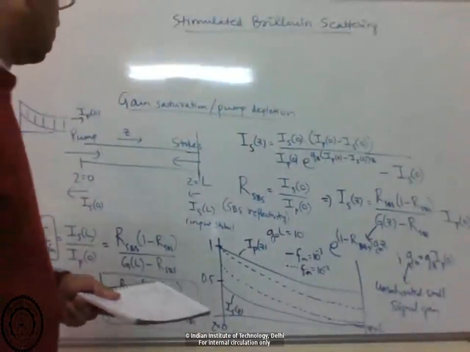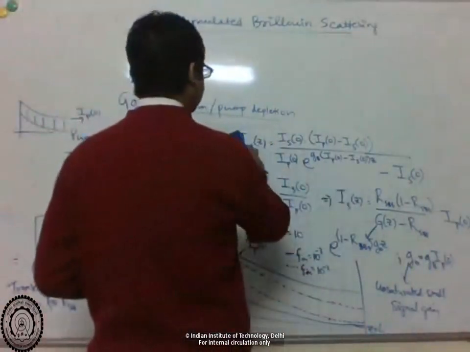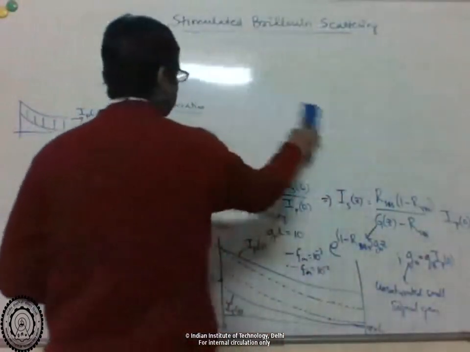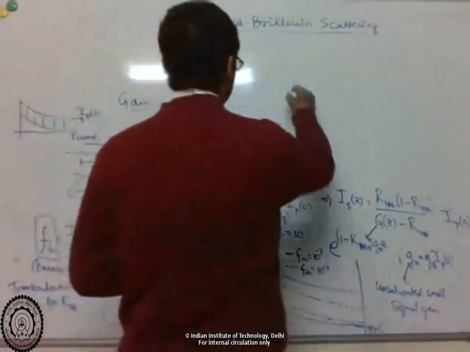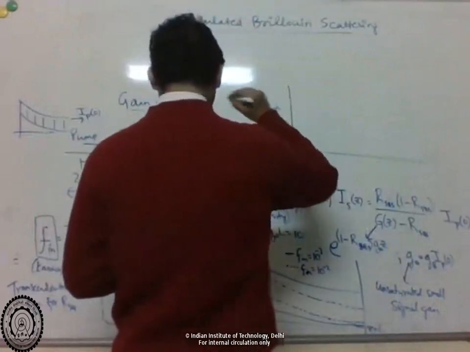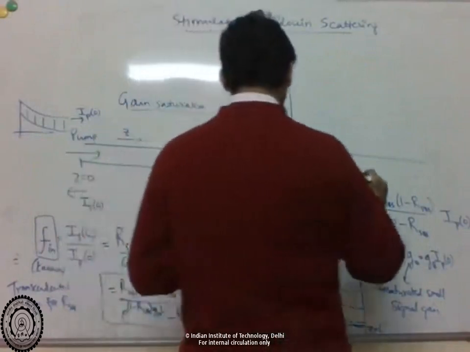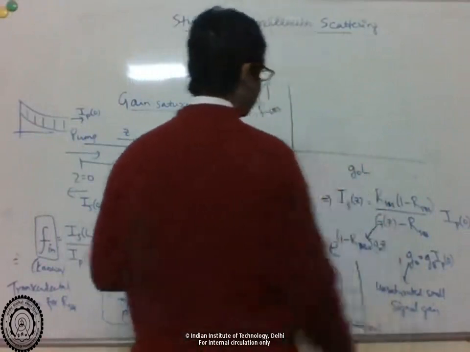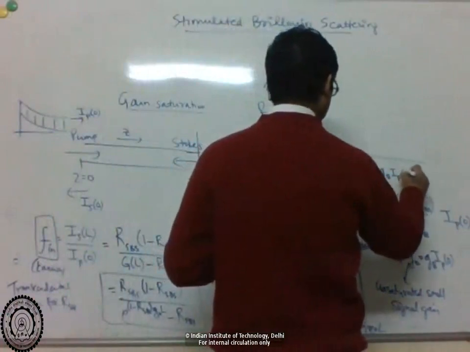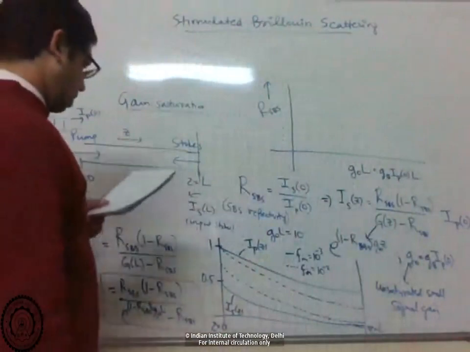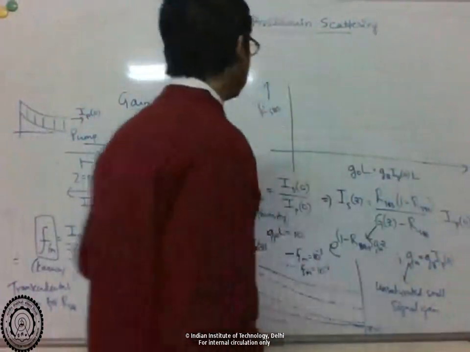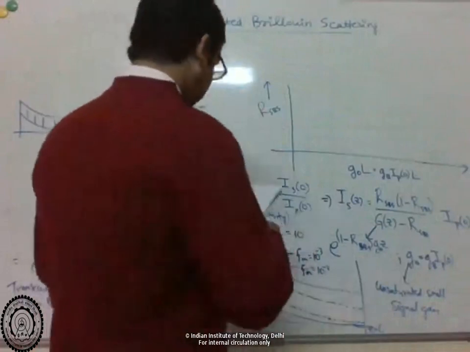Okay, another way to plot this is, if I plot the SBS reflectivity as a function of this unsaturated gain G0 L, which is gB times input pump intensity times L. So the x-axis you can think of as input pump power, and the y-axis the SBS reflectivity.